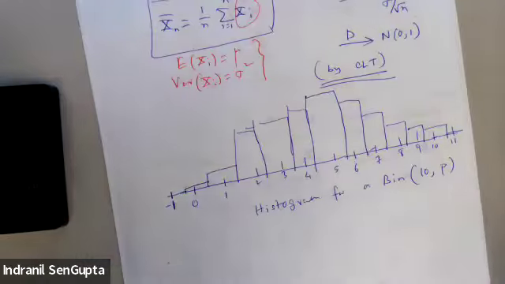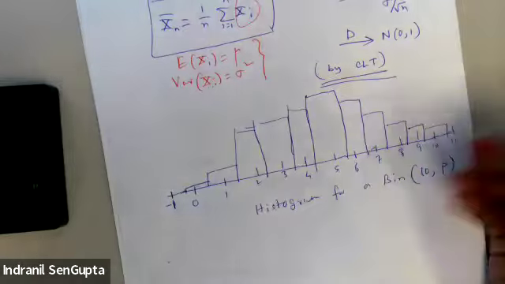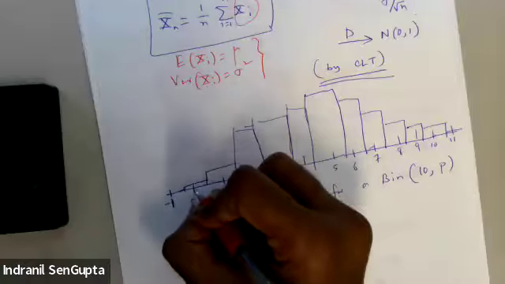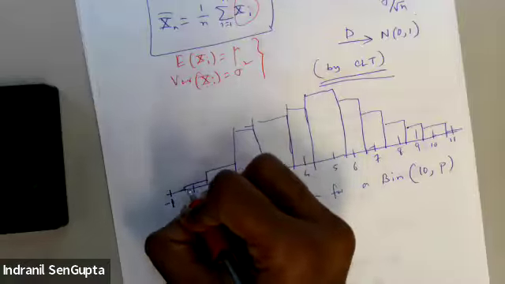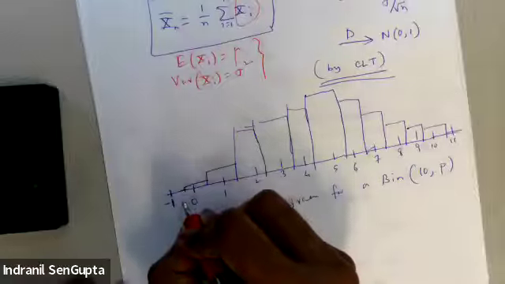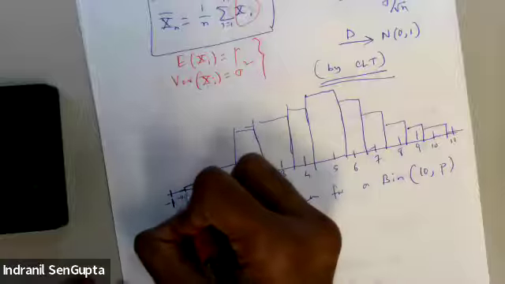Okay. So typically, when we draw a histogram for, say, 10 trials, we always draw the histograms for the frequencies corresponding to 0, so the number of times you get a 0, starting the histogram from minus 0.5 and ending at 0.5.